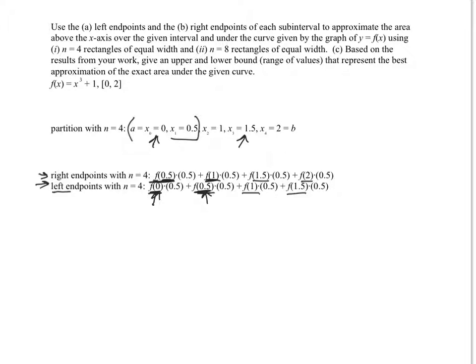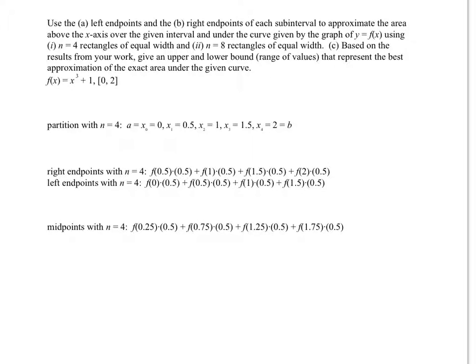Now, the left endpoints and the right endpoints are probably the least accurate as far as approximation of area under a curve, but one of the most accurate ones, sampling points, would be what we call the midpoints. Here is the result of using the midpoints of each subinterval.